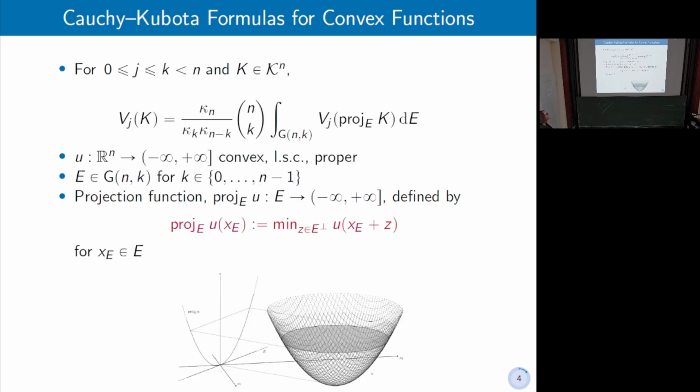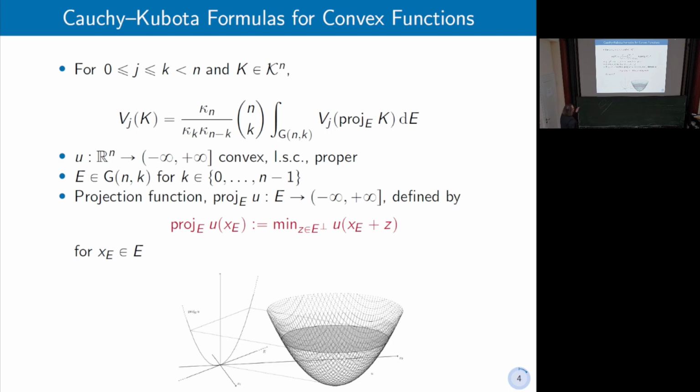So if I look at, again, a k-dimensional subspace E, I can define the projection function in this way. And the easiest way to imagine what's happening is you identify the convex function with its epigraph, project the epigraph to this space, and look at the function that describes this epigraph.